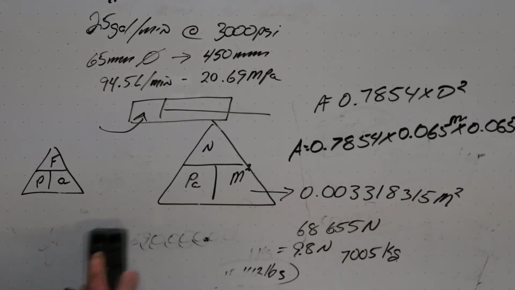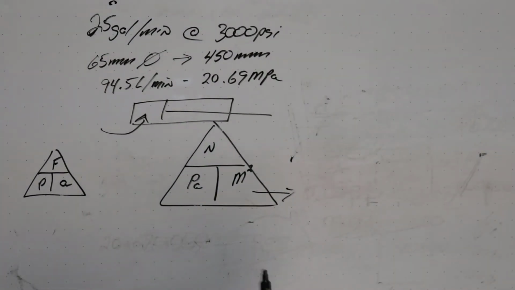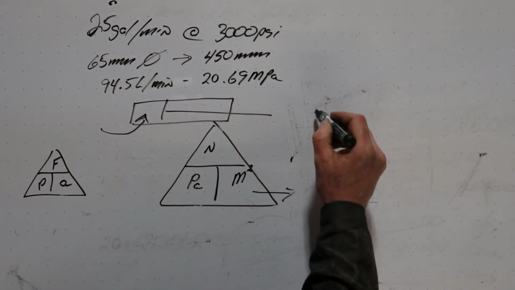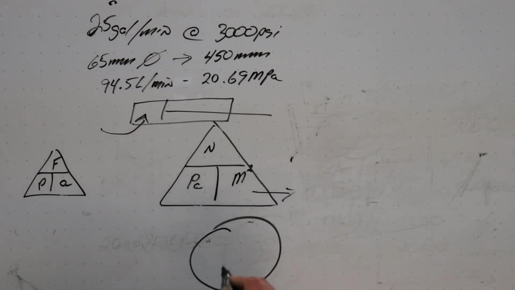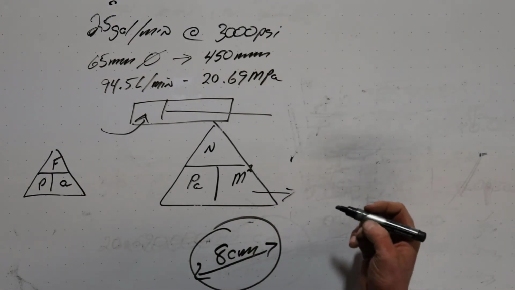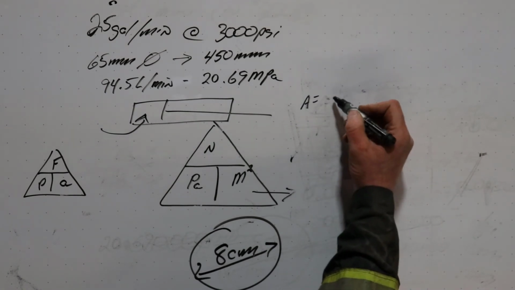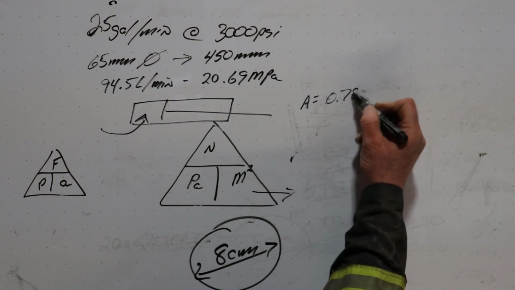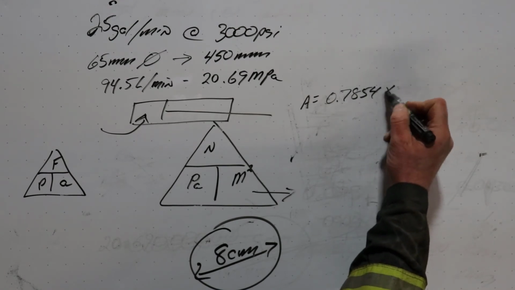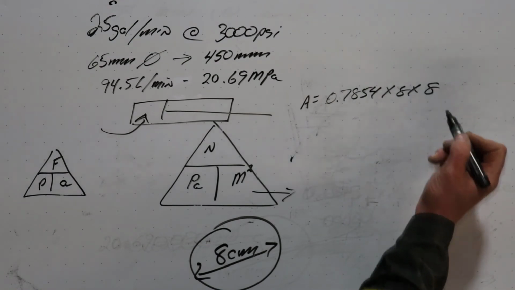Another very common mistake. Someone tells us our cylinder is 8 centimeters in diameter. We don't have to convert this to meters right away. We can do it in the small units first. So area equals 0.7854 times 8 times 8.